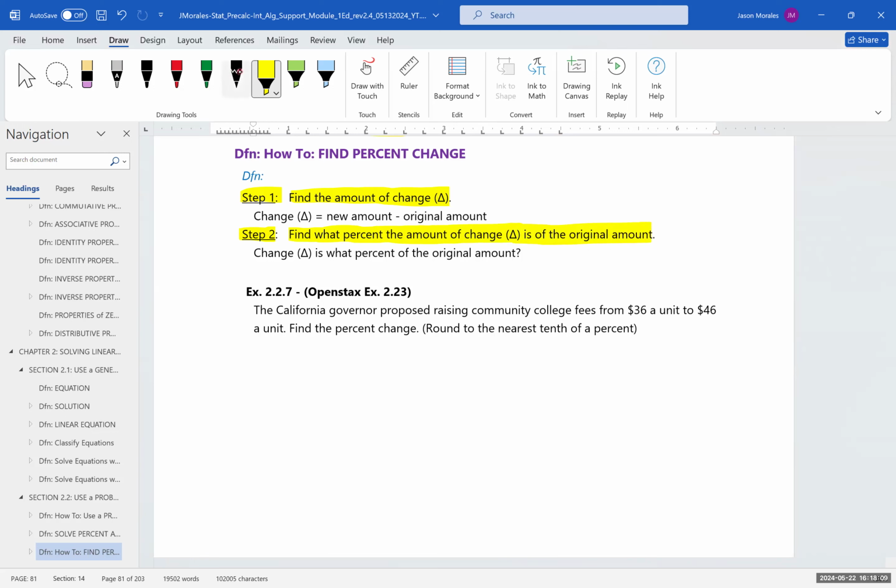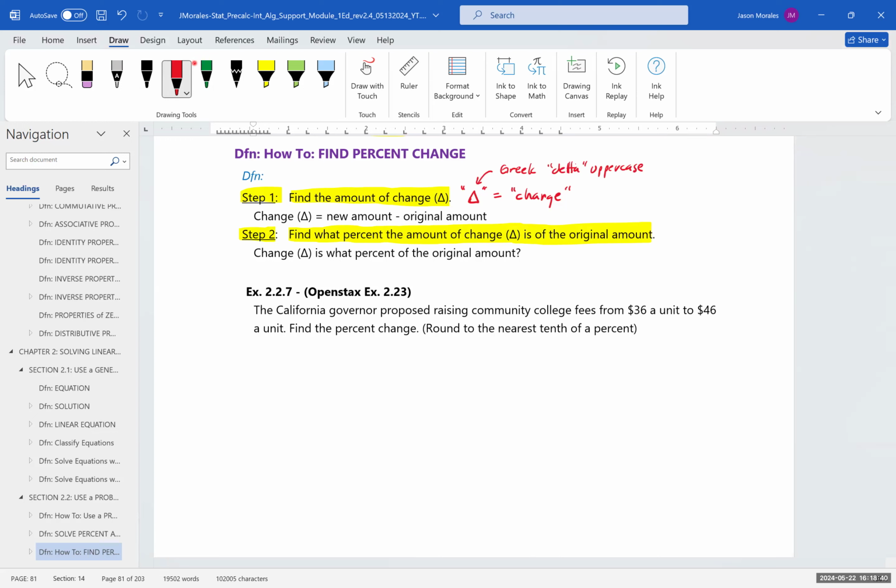So you'll notice I'm using this triangle. This triangle is usually used to represent change. This is actually the Greek letter delta in uppercase.